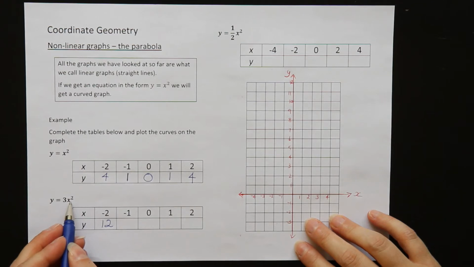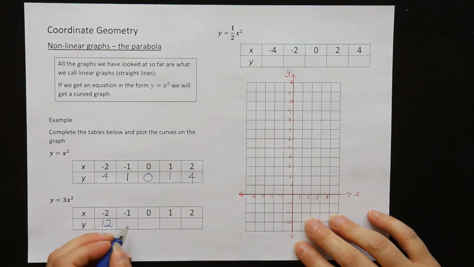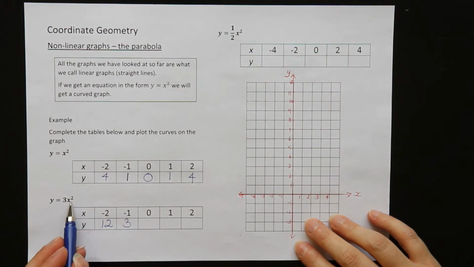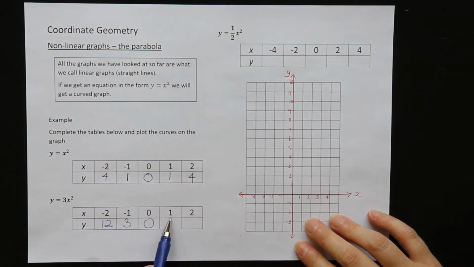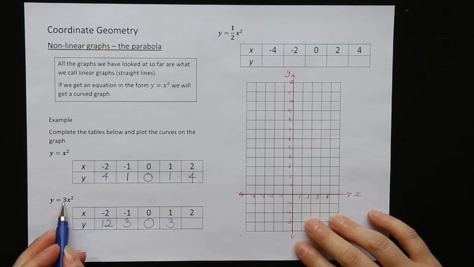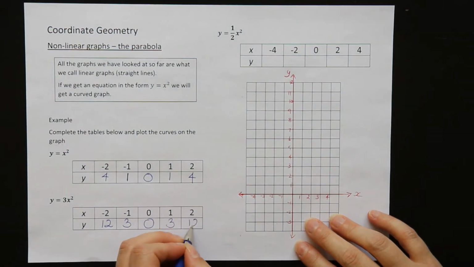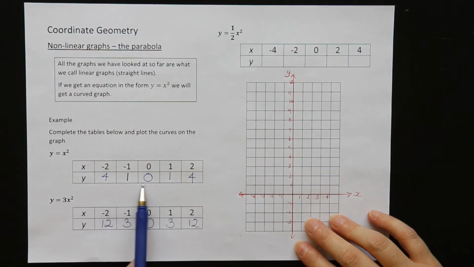Negative 1 squared becomes a positive 1, times by 3 is 3. 0 squared is 0, times 3 is still 0. And 1 squared is 1, times 3 is 3. And 2 squared is 4, times 3 is 12. You might have noticed there's a little bit of symmetry happening with our y values here.